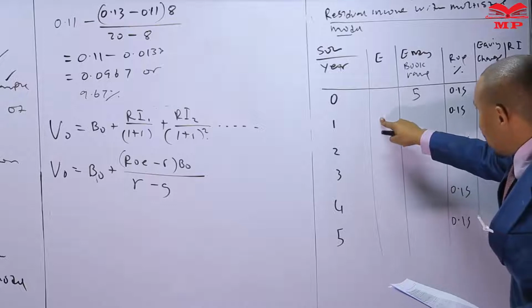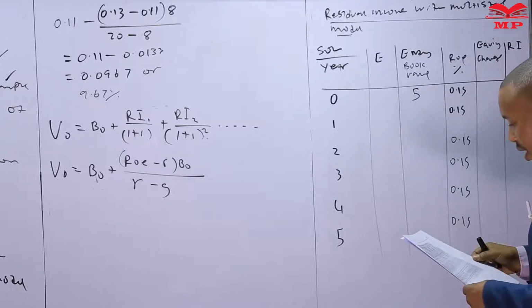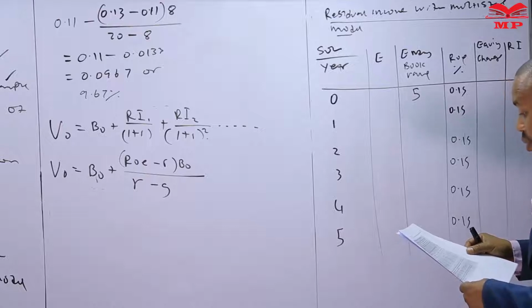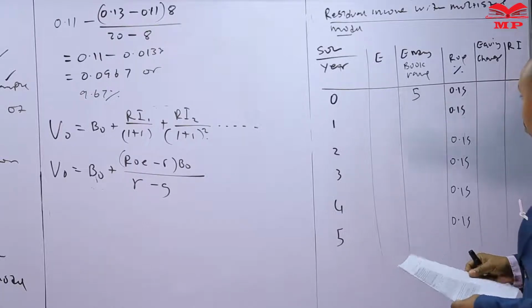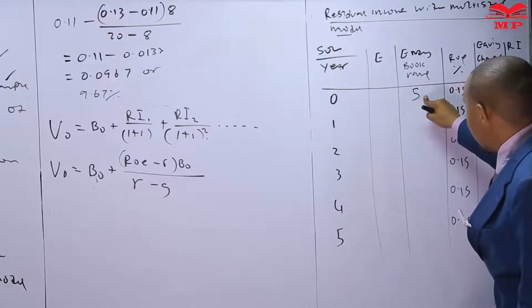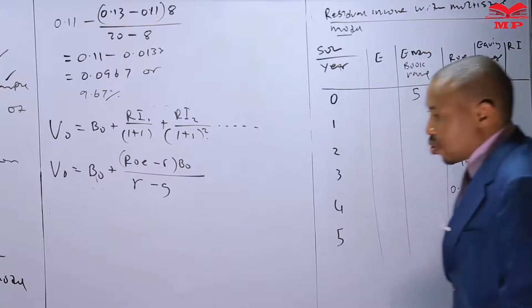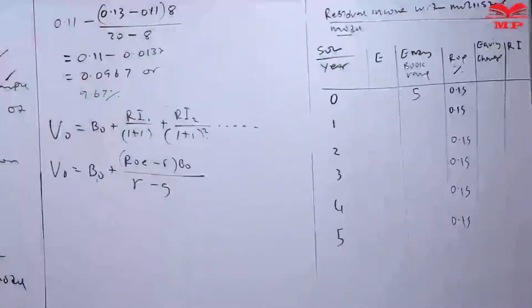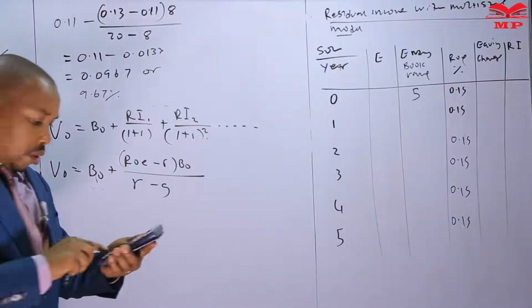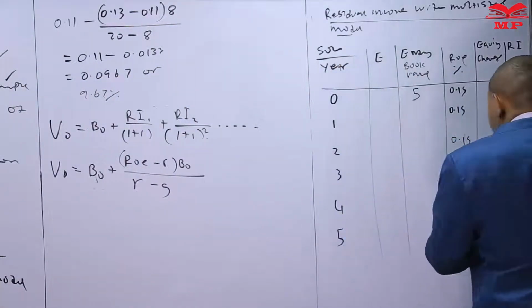Let me repeat that again. We are being told here that the forecasted earnings in years 1 through to 5 are equal to the ROE multiplied by the beginning book value. So can we do that moving ahead? We have 0.15 multiplied by 5. How much? 0.75.